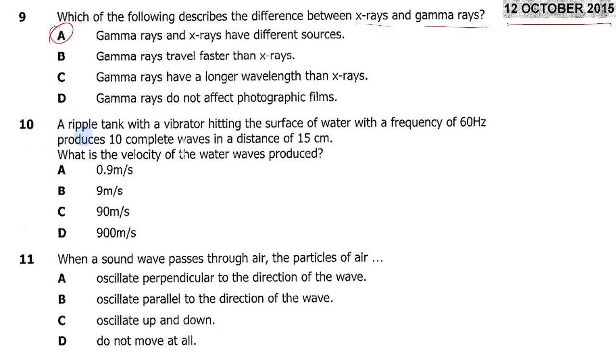Then question 10 says a ripple tank with a vibrator hitting the surface of water with a frequency of 60 Hz produces 10 complete waves in a distance of 15 centimeters. Then they're asking what is the velocity of the water waves produced?